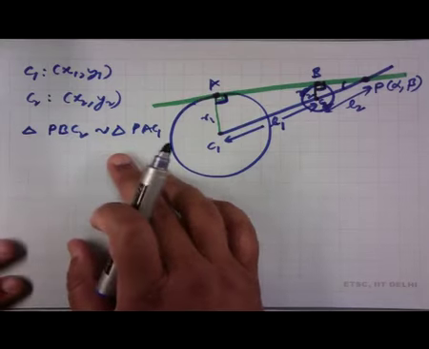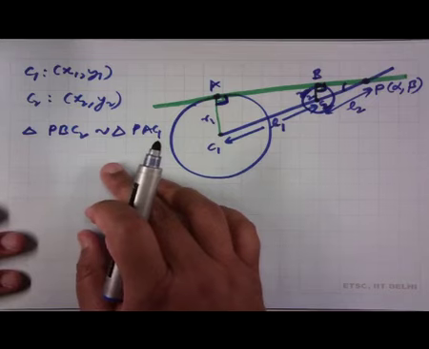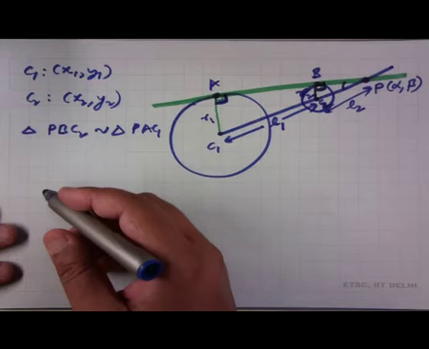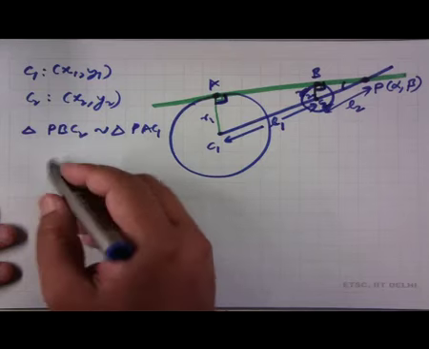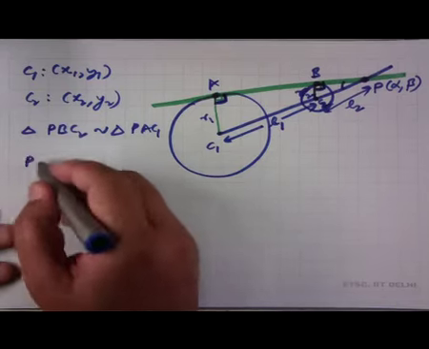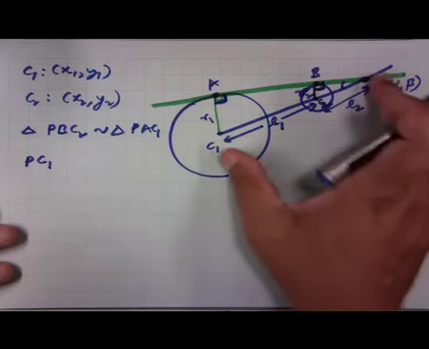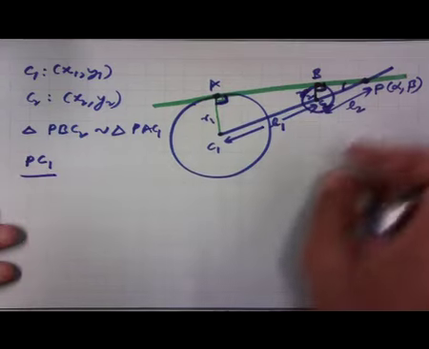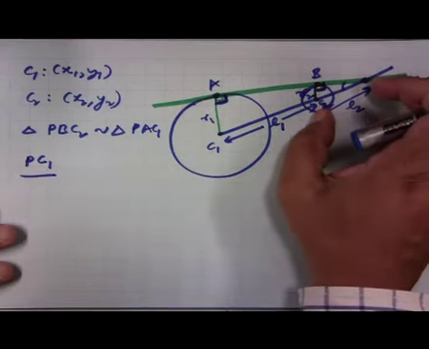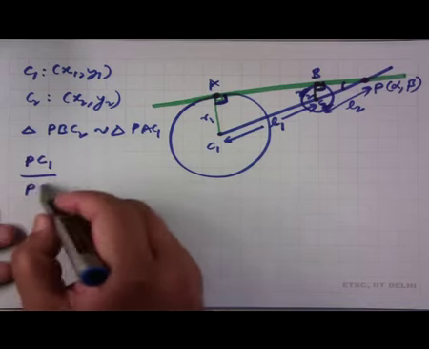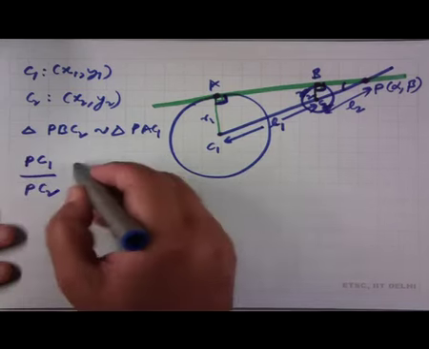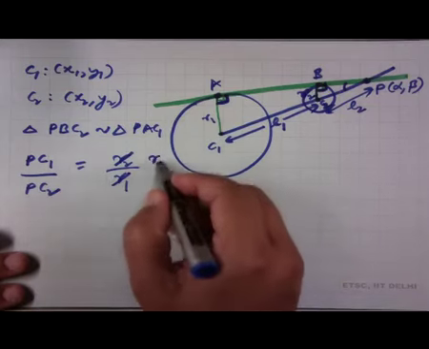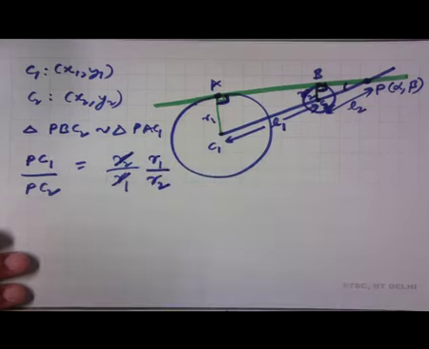Therefore, from the similarity ratios, it follows that the length PC1 of the bigger triangle divided by the corresponding side length PC2 of the smaller triangle is equal to R1 by R2.